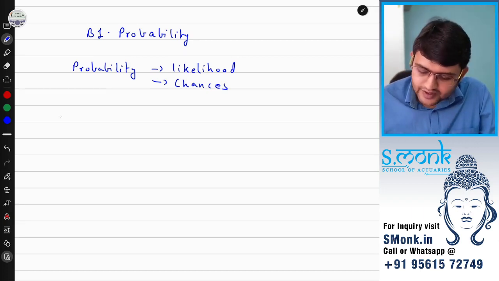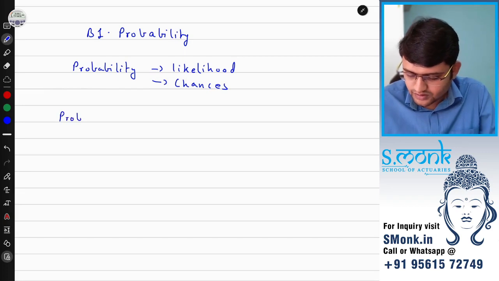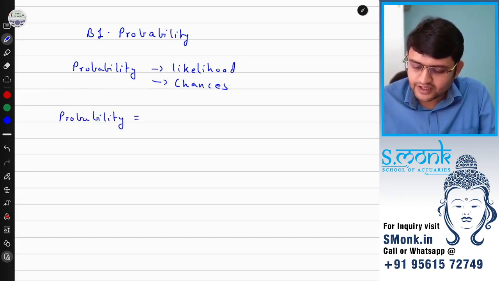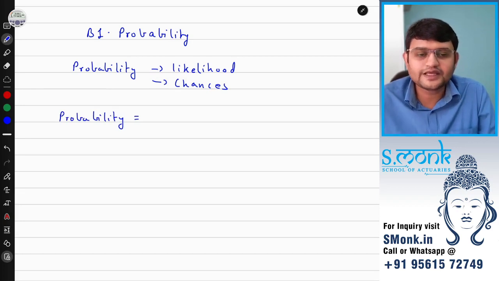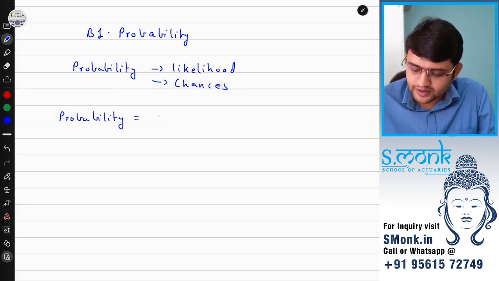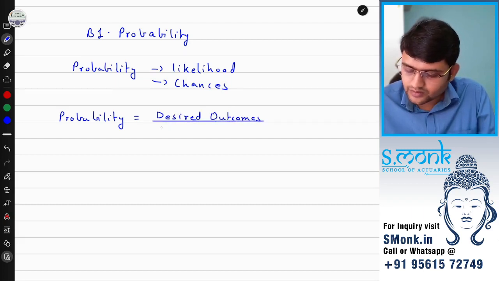So how do we figure that out? We say that the probability of any event is going to be nothing but the desired outcomes upon the total outcomes.